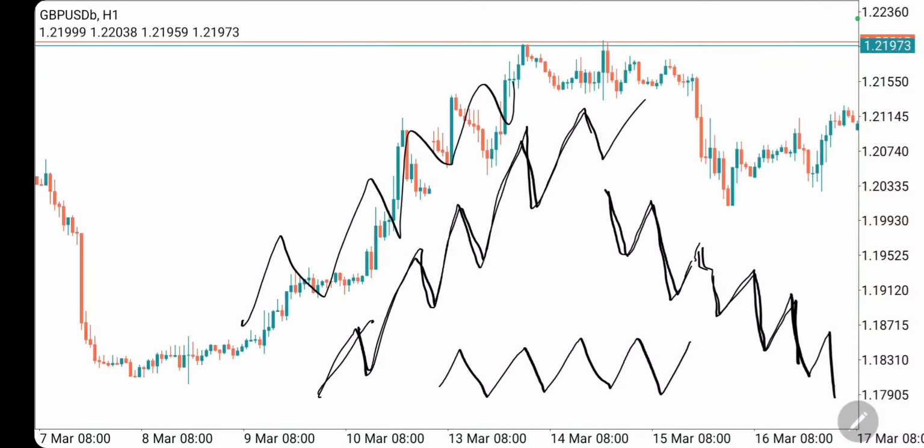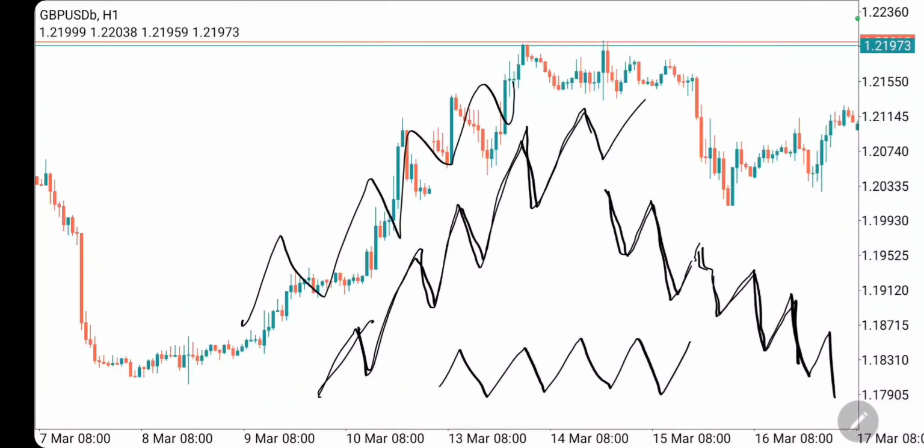If you understand this principle, this is the principle on which the market is hinged. And the strategy I want to show you must be used either in a bullish trend or in a bearish trend. It should not be used in a sideways market, that is, when the market is consolidating.